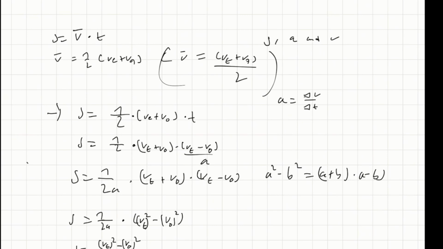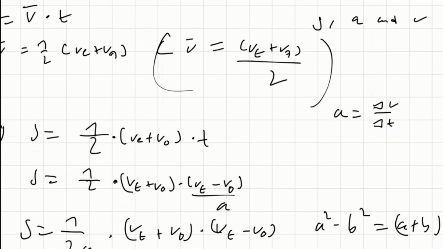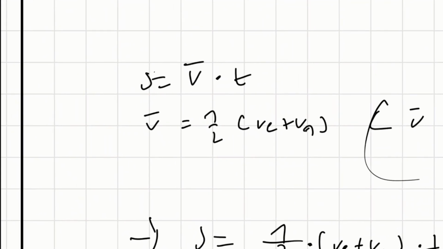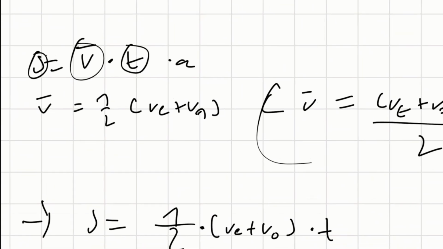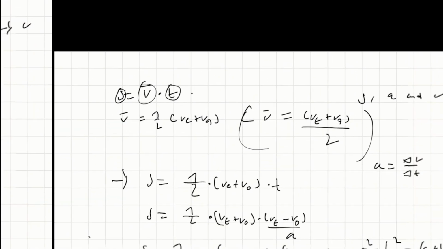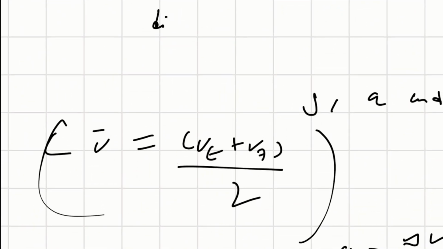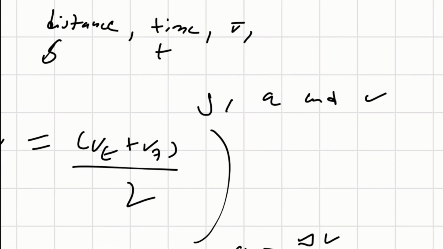So let's have a look at the last idea here. This is the correlation between distance, speed, time, and let's say a. So we're searching for the correlation between distance, s, time, t, speed, and acceleration.